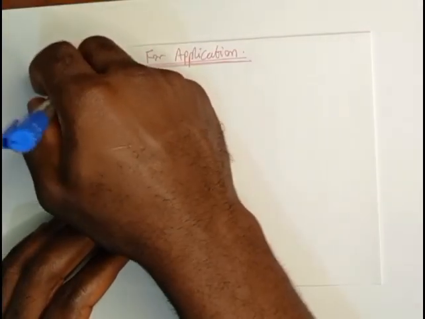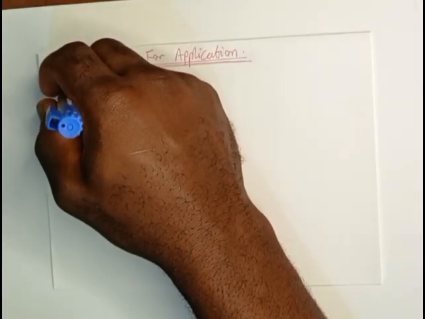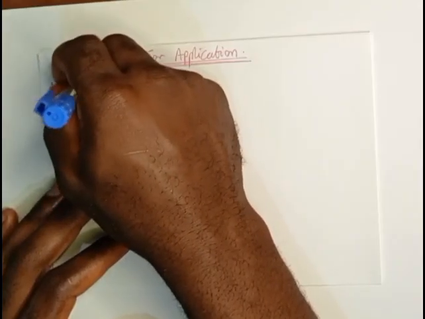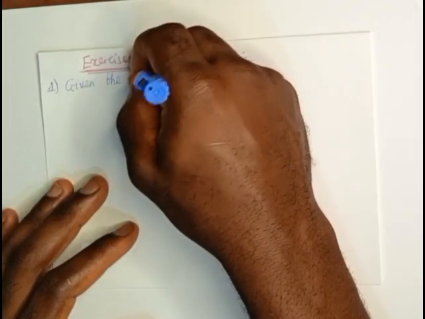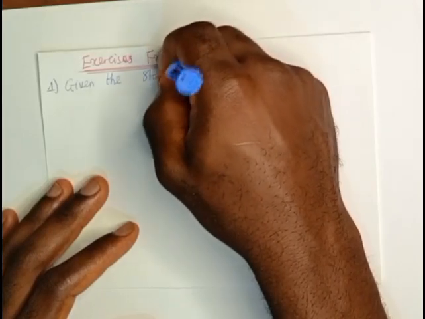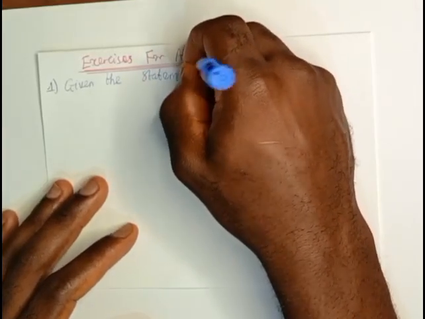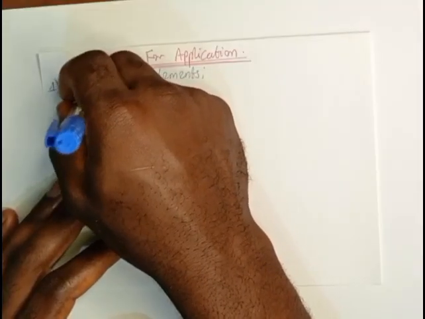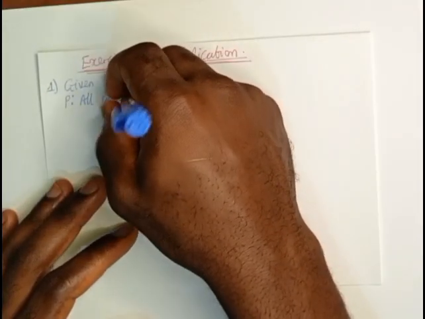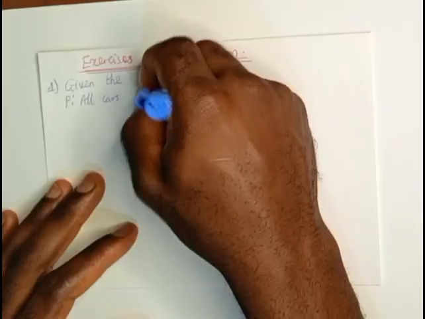Question 1 goes: given the statements, the first one we have P, all cars are fast.